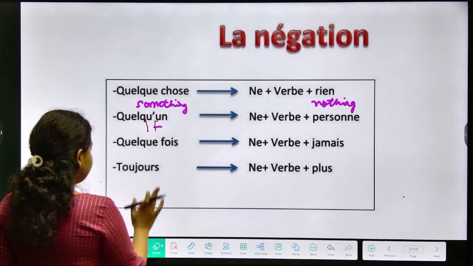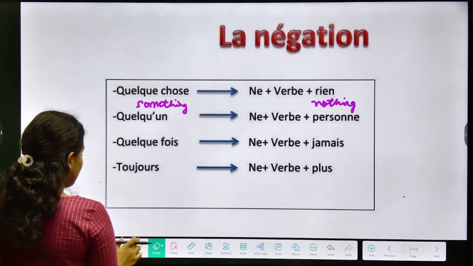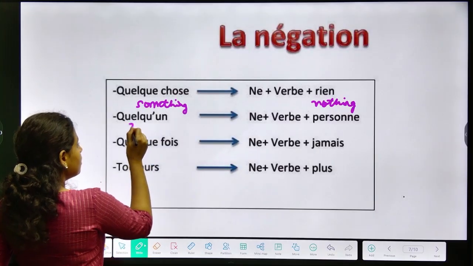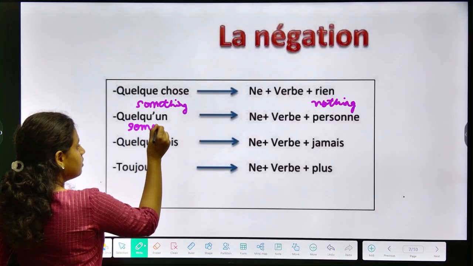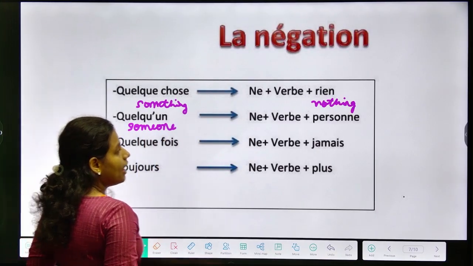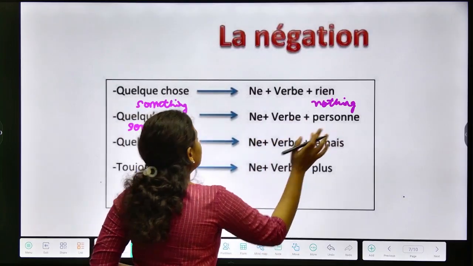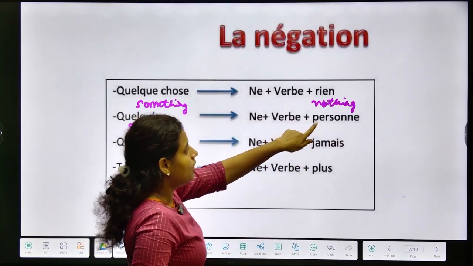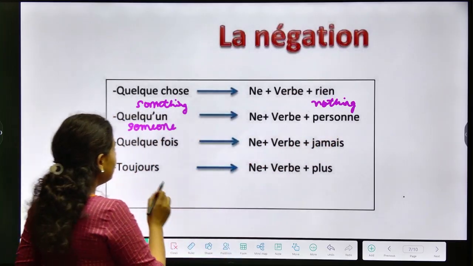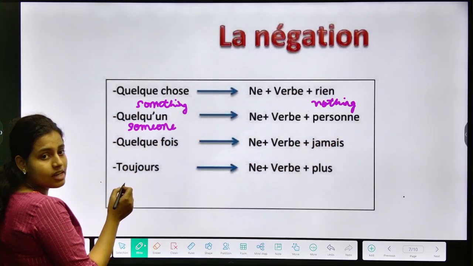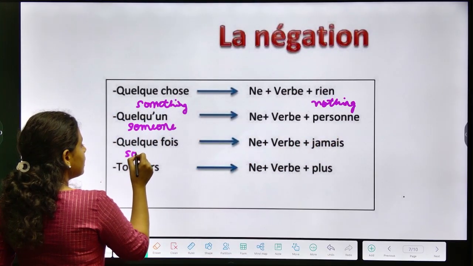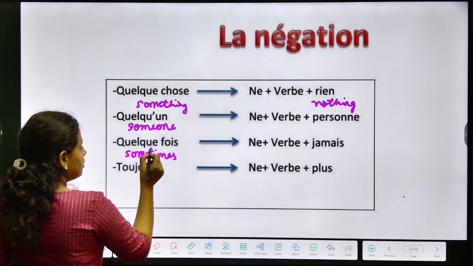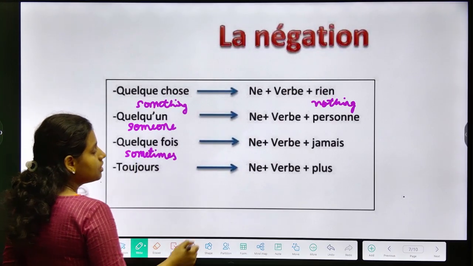Then you have quelqu'un. Quelqu'un means someone. And when we negate, no one. That is, quelqu'un changes into ne plus your verb plus personne, no one. Then we have quelquefois, which means sometimes, which becomes never.